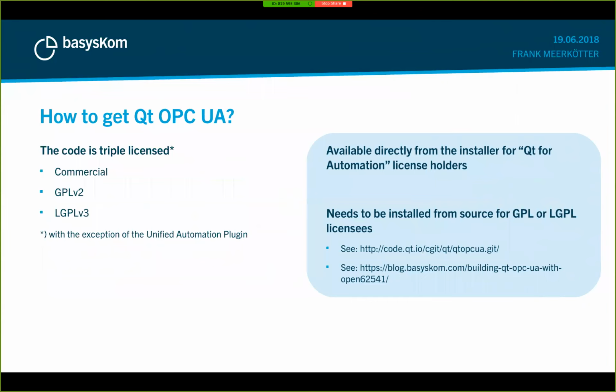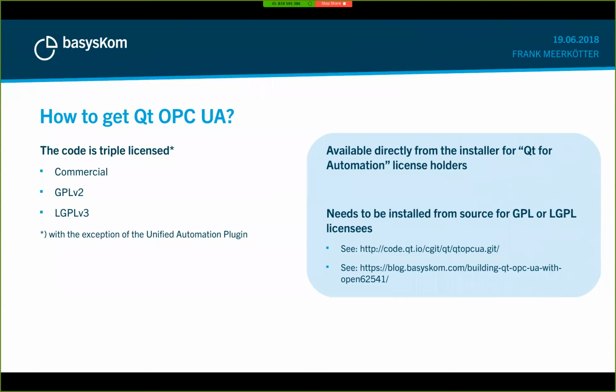Before I go into the live demo, I would like to tell you how to get access to Qt OPC UA. Unlike the rest of Qt for Automation, this code is triple licensed, so it's commercially available, GPL v2 and LGPL v3. So either you get it directly from the installer if you're a license holder of Qt for Automation, or if you aren't, you need to compile it yourself from the source.